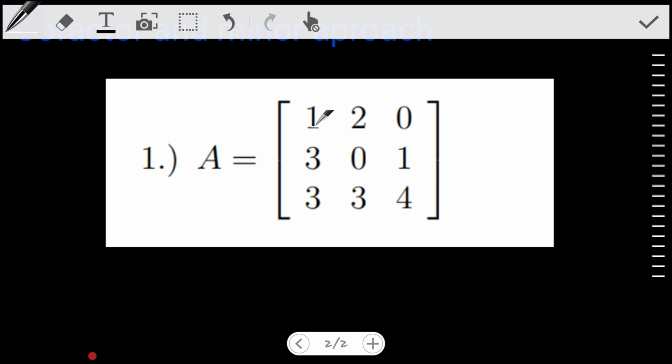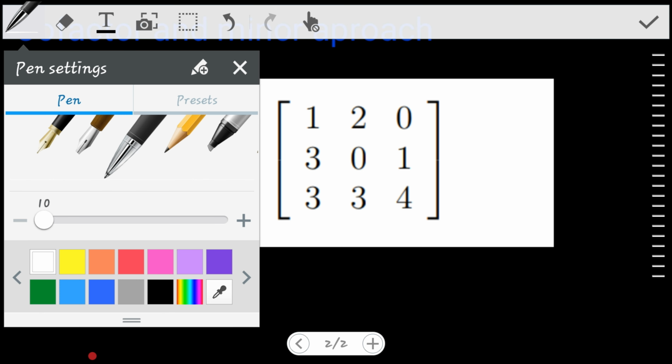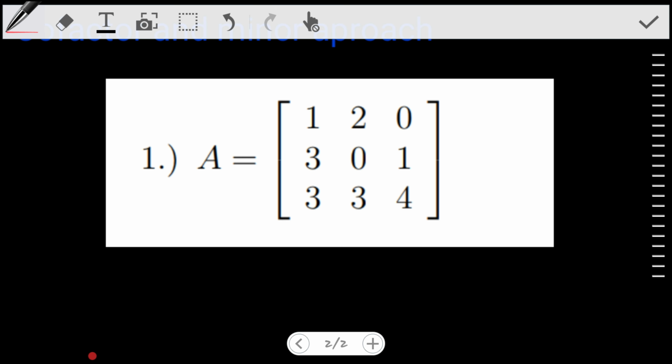for me to get the minor matrix, I'll have 0, 1, 3, 4. If I choose one, I'm going to eliminate this row, and I'm not going to use the column containing this element.